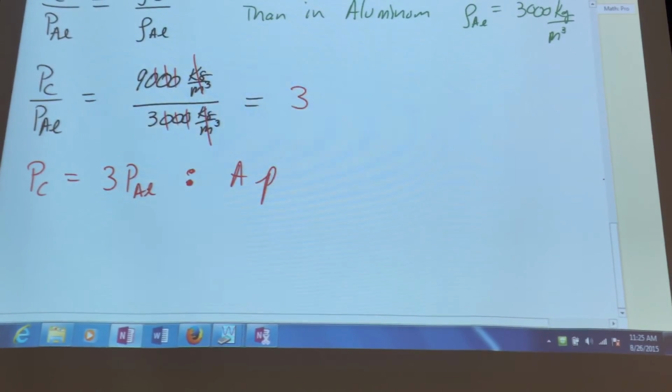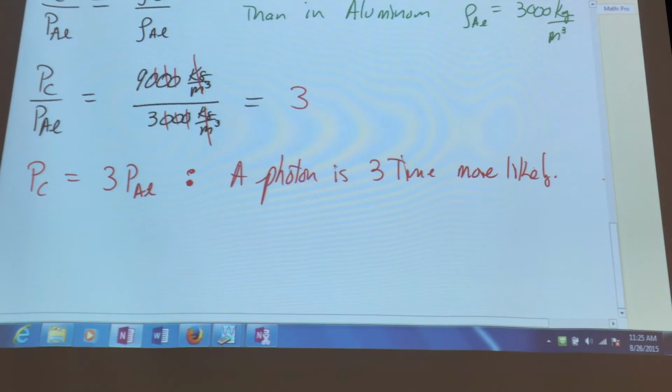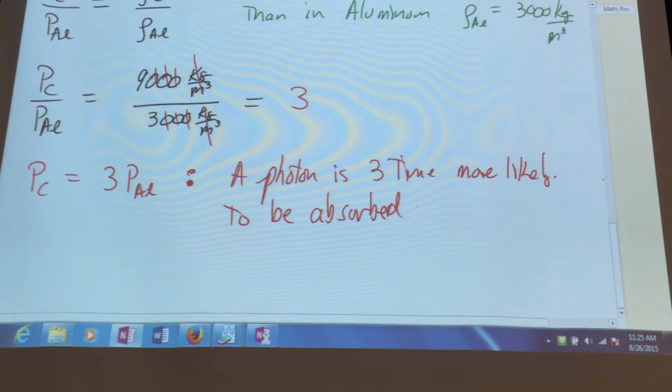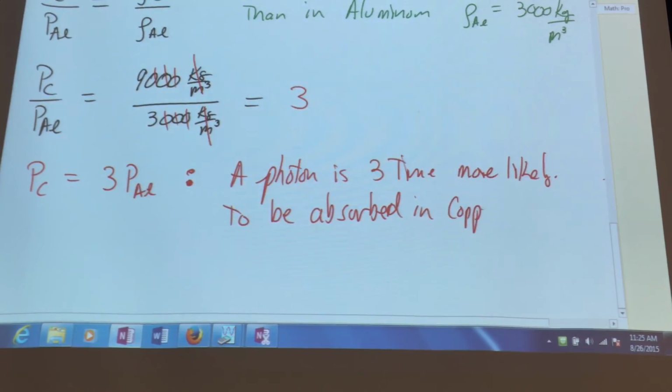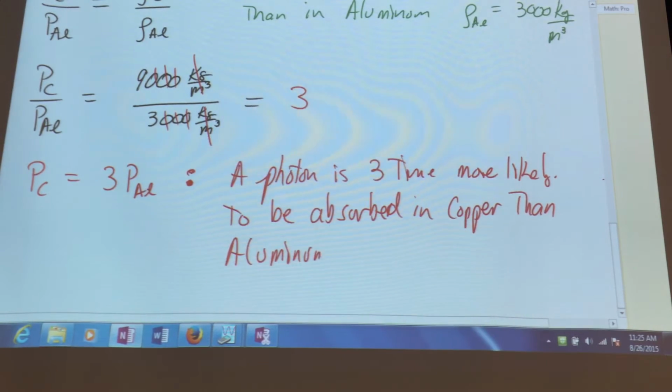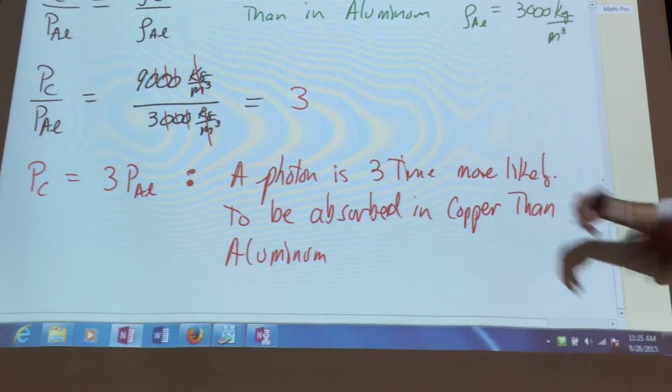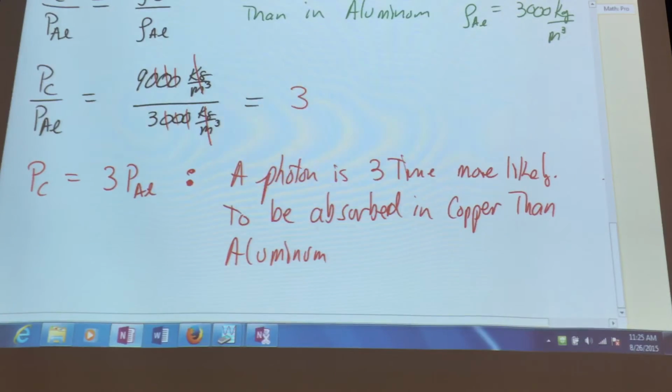A photon is 3 times. So it's a little bit of math and a little bit of wording is what we're trying to get at here.